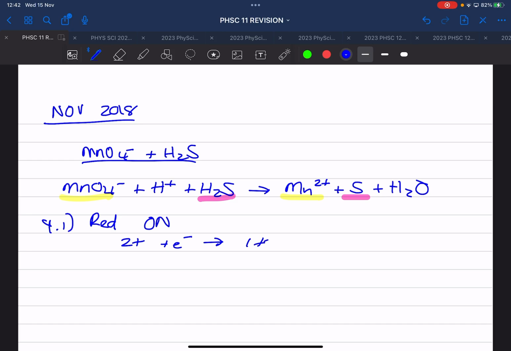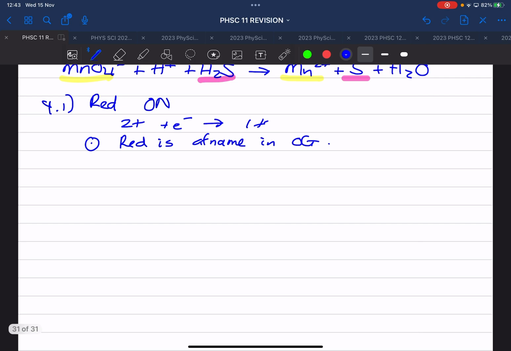So you go lower. So reduction is the decrease in oxidation numbers. Please do not abbreviate like this in the exam.